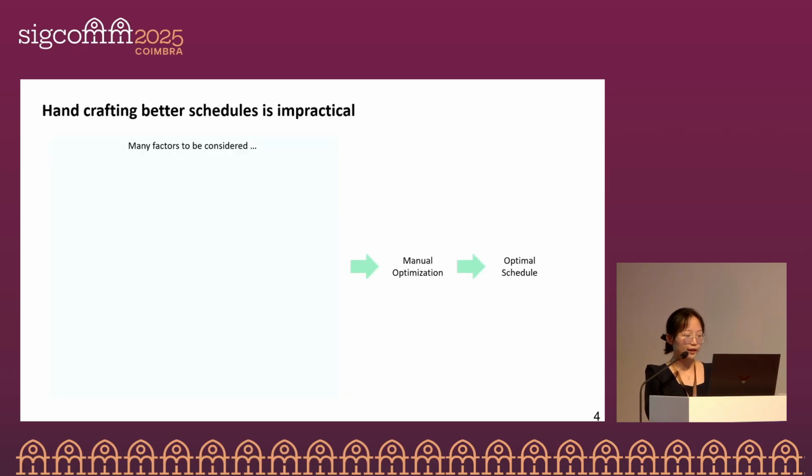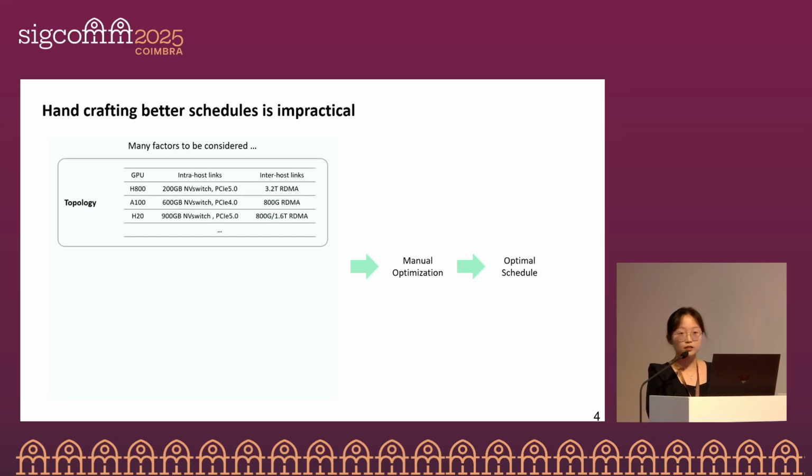So what about handcrafting better schedules? Well, it's basically impossible because there are so many factors to be considered. First, the topologies are very different. There are different GPUs with different intra-host and inter-host connections.